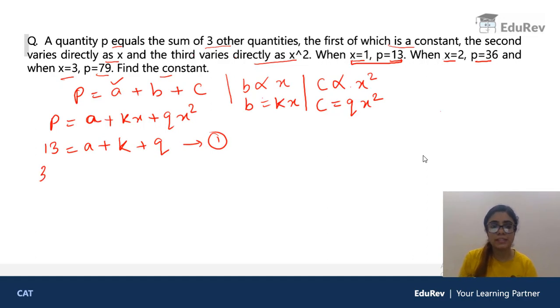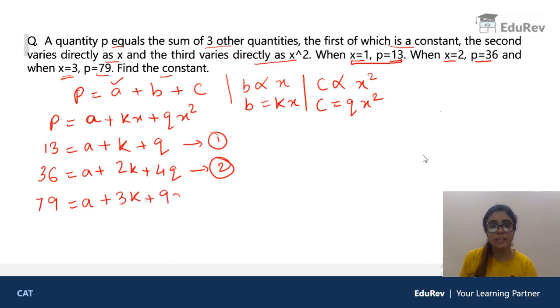Okay? So 36 is equal to A plus 2K plus 4Q. This is your second equation. And the third is, when x is 3, P is 79. So this will be 79 is equal to A plus 3K plus 9Q. This is your third equation.